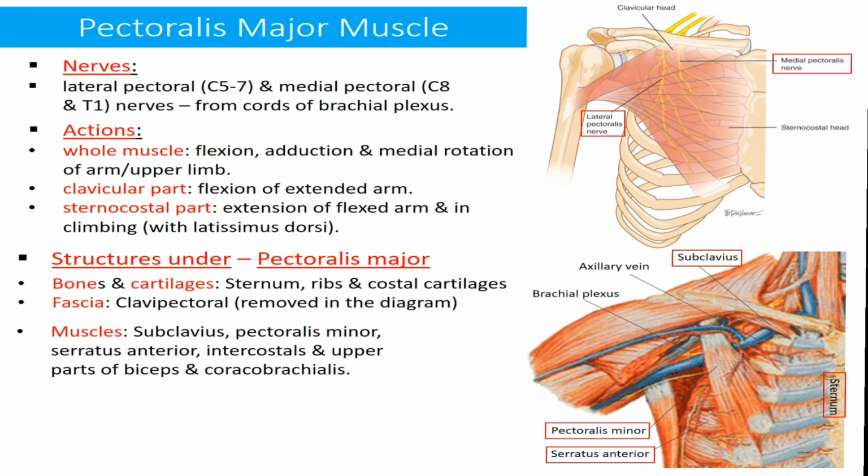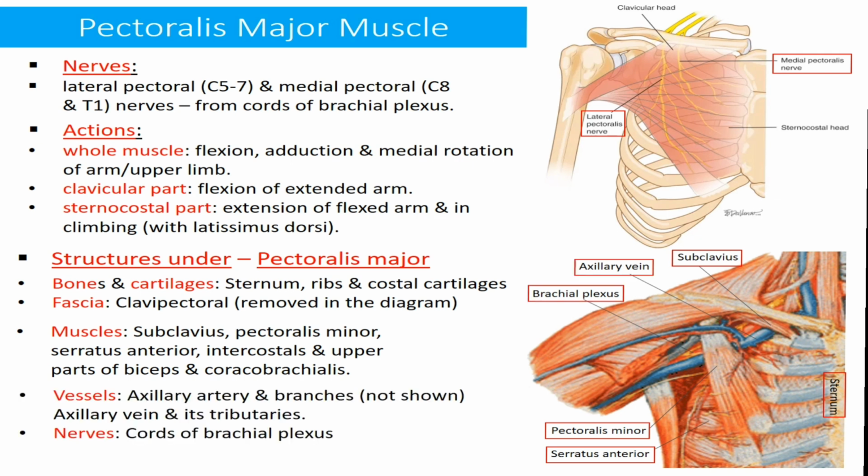As regards the fascia and muscles: clavipectoral fascia, subclavius, pectoralis minor, serratus anterior, intercostals, and upper part of biceps and coracobrachialis muscles. As regards the vessels: axillary artery and its branches, axillary vein and its tributaries, and cords of the brachial plexus.